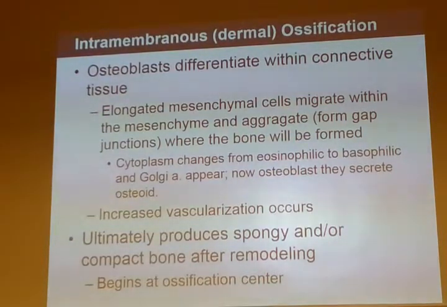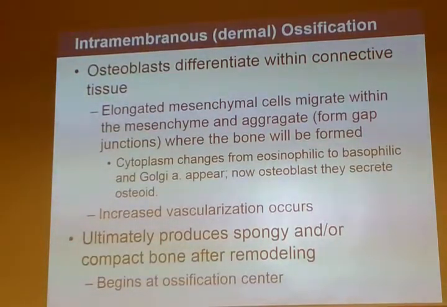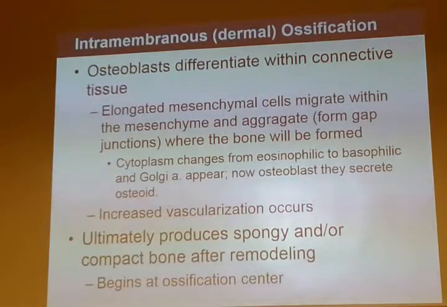That's what's happening with dermal bone formation. There's a central area of ossification, and then you get little spicules, little struts of bone radiating out from that ossification center, and they eventually come together around blood vessels and form that woven bone.